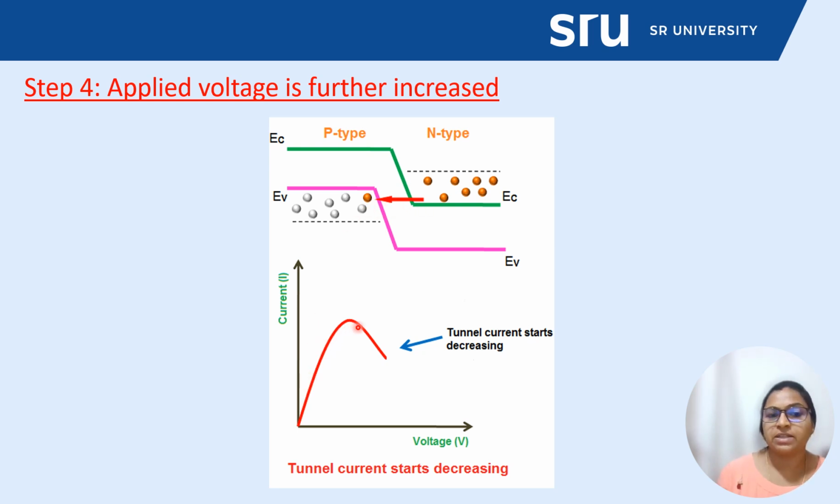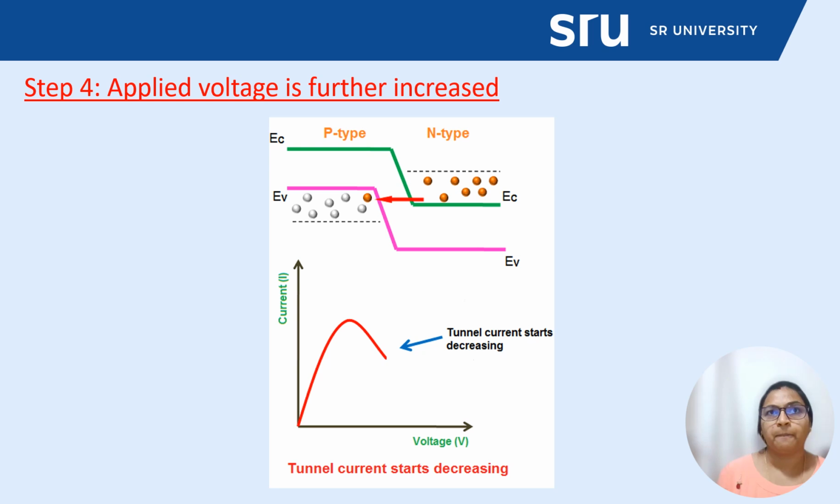Further increasing the voltage, a misalignment occurs between the conduction band of the n side and the valence band of the p side. As a result, the current suddenly drops, but still current is flowing. So the tunnel current starts decreasing.